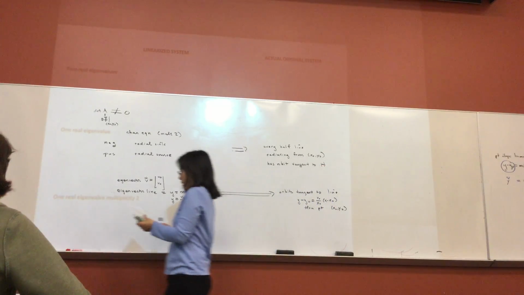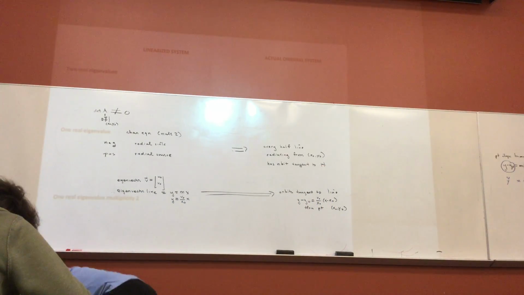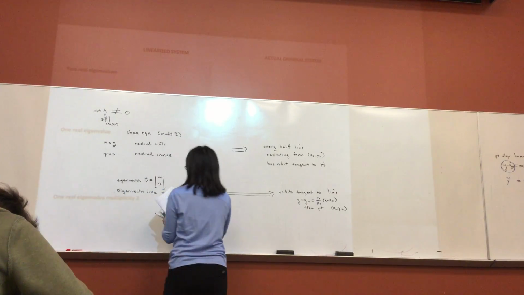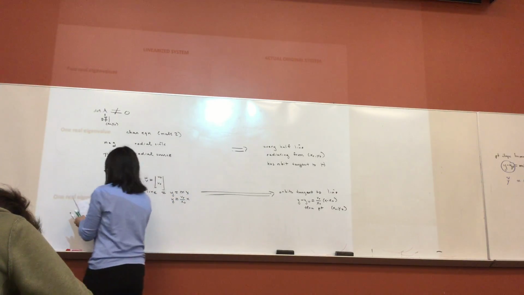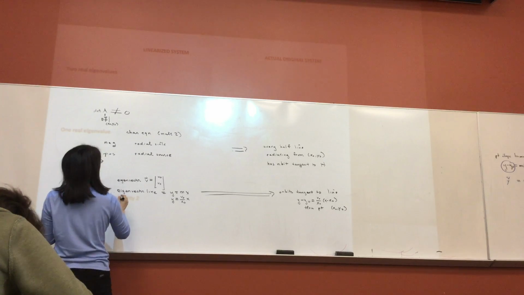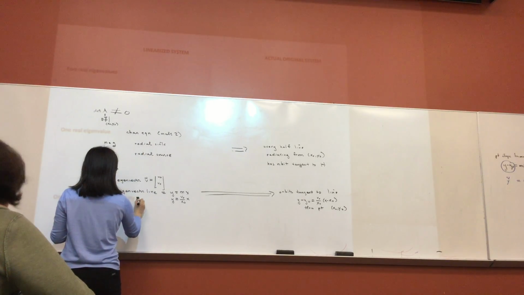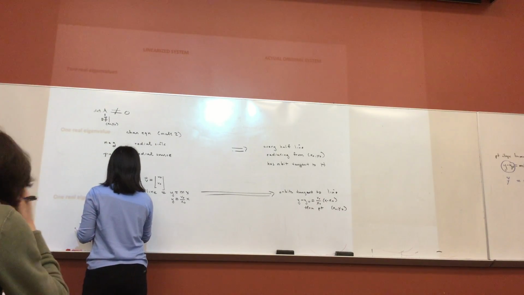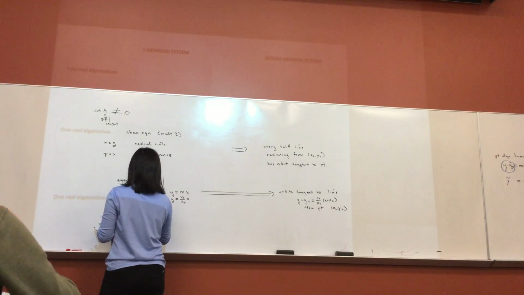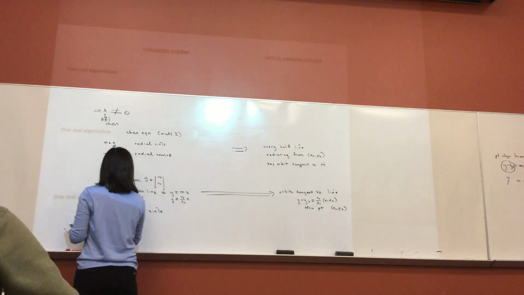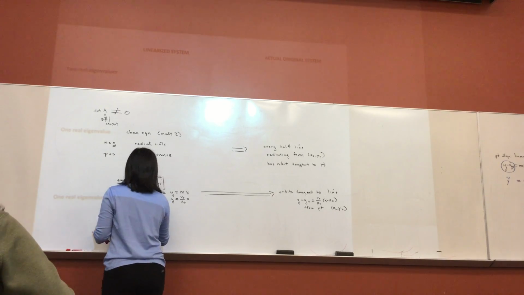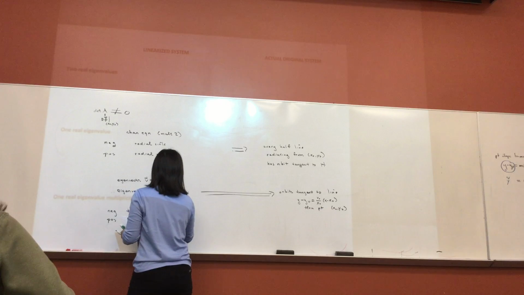One of the other ones was one real eigenvalue, and let's make this multiplicity 1. If it was negative, it was called a twist sink, and positive, it was a twist source. You also had counterclockwise and clockwise.